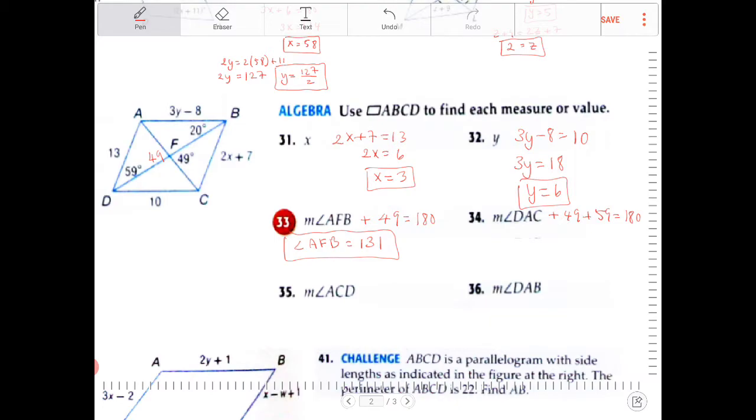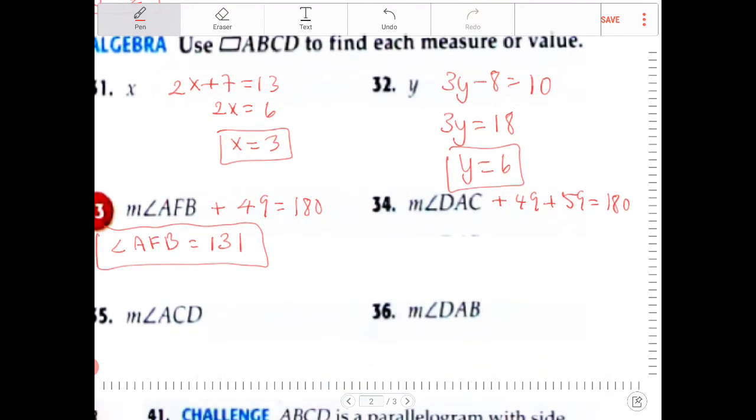There are actually 4 triangles inside of a parallelogram, but for each one of them, the interior angles should add up to 180. So I know that angle DAC plus, combining like terms here, 49 and 59 gives me 108. Subtract 108, and DAC is equal to 72.